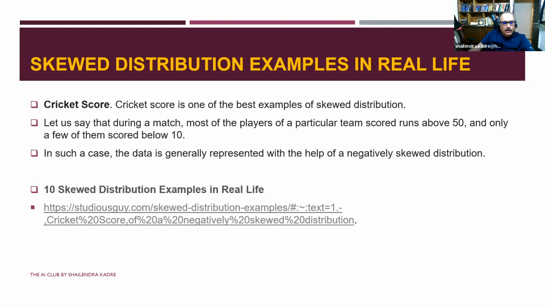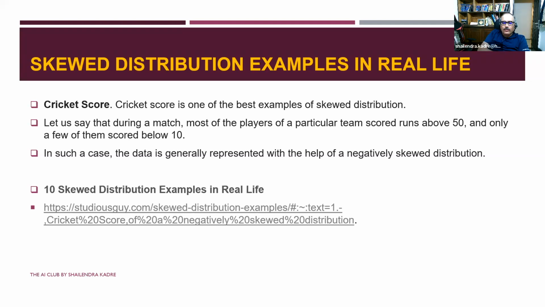Now, you can also plot cricket scores. Suppose Sachin Tendulkar played 300 matches and you plot his scores across 300 matches. Sachin Tendulkar is a steady performer, so its skewness will not be high.